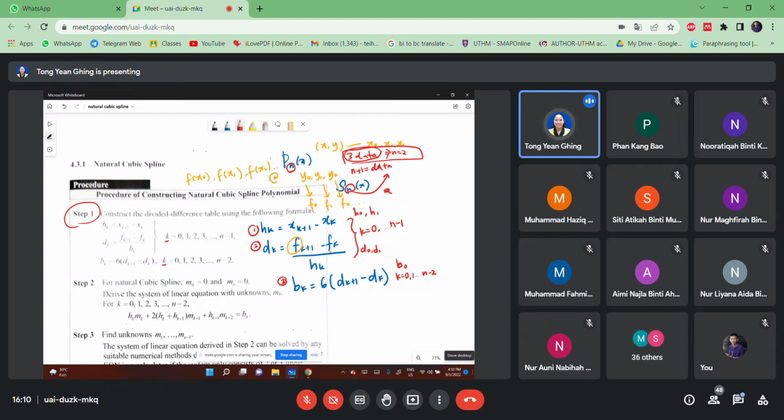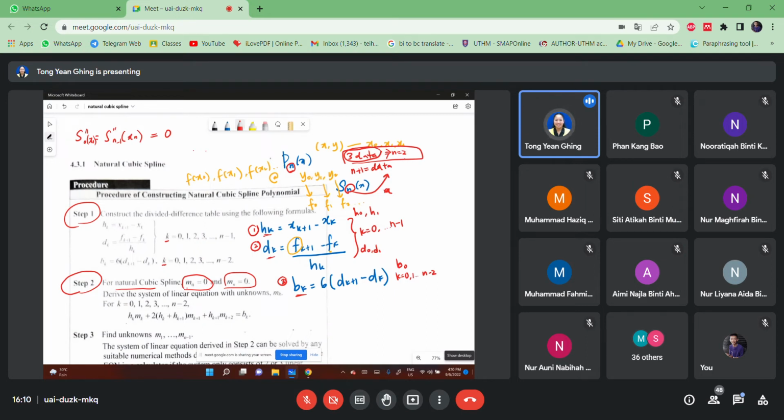Okay. Now, after we get HK, DK, and BK, then we go to the second step. For the natural cubic spline, you remember last time before the raya, I mentioned that for the natural cubic spline, the first M and the last M, M0 and Mn, have to be equal to 0.